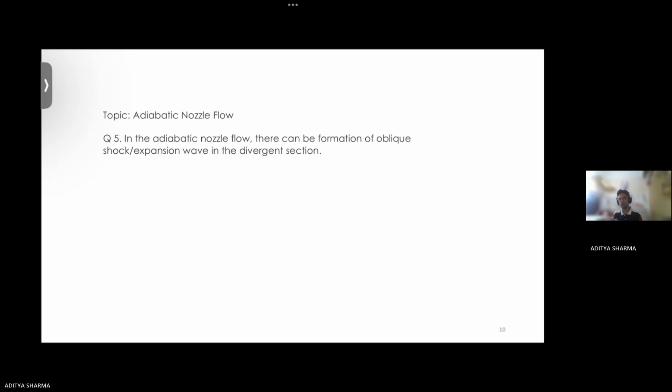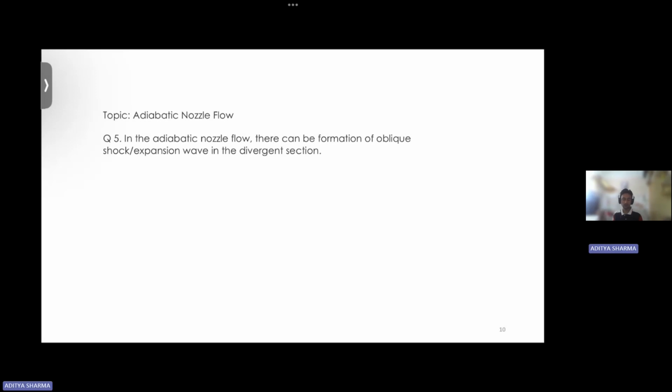At the exit, in cases, we encounter oblique shocks, and at instances we encounter expansion waves at the exit.